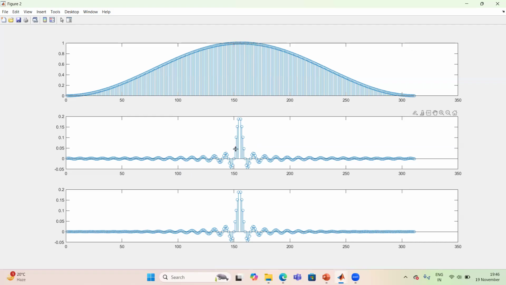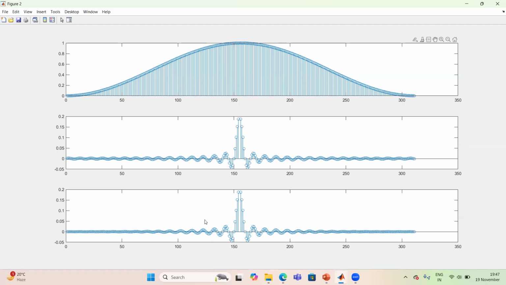Try to check one of them: at the 151st sample the magnitude is 0.4677. Similarly, this other value's magnitude is different, 0.46656, because it is multiplied with this window function and therefore its amplitude is modified.